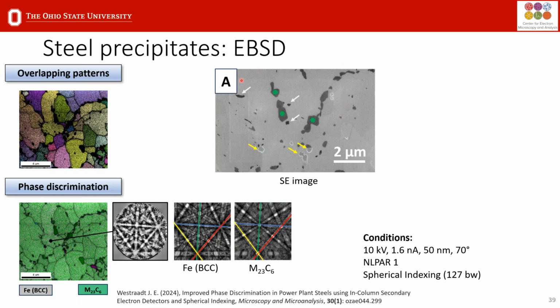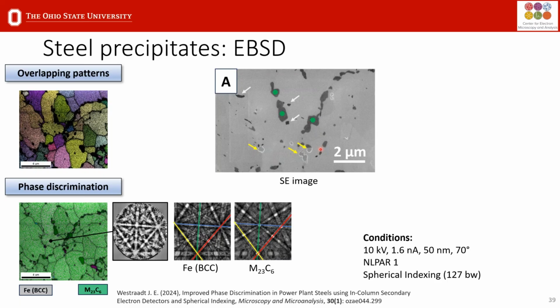So what we do is we apply secondary electron imaging using the in-column detector, and we can map out different phases and distinguish them according to their contrast. So here we have these green precipitates marked with green dots, and they have this gray color. Then we have these darker precipitates, and then also these brighter outline precipitates.